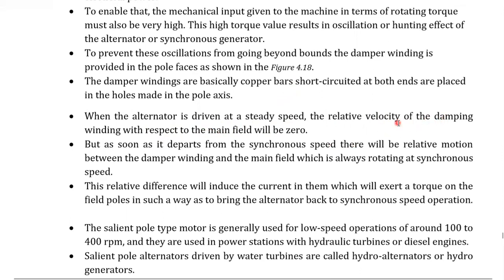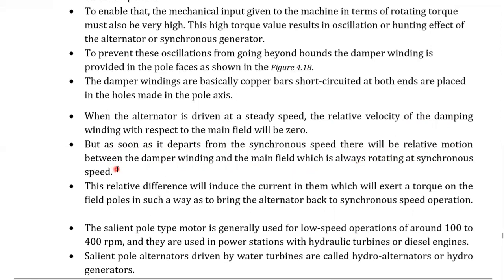That's why no torque is developed at synchronous speed. But as soon as it departs from synchronous speed, there will be a relative motion between the damper winding and the main field, which is always rotating at synchronous speed.